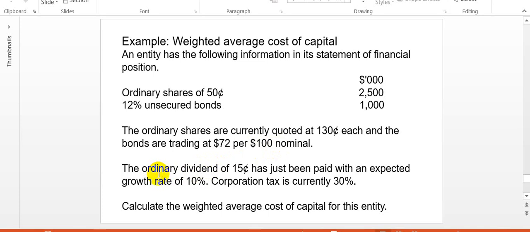The ordinary dividends of 15 cents have just been paid, with an expected growth rate of 10%. Corp tax currently 30%. Compute the WACC. So how many sources of finance we've got? 2. So the formula will not need to be modified.